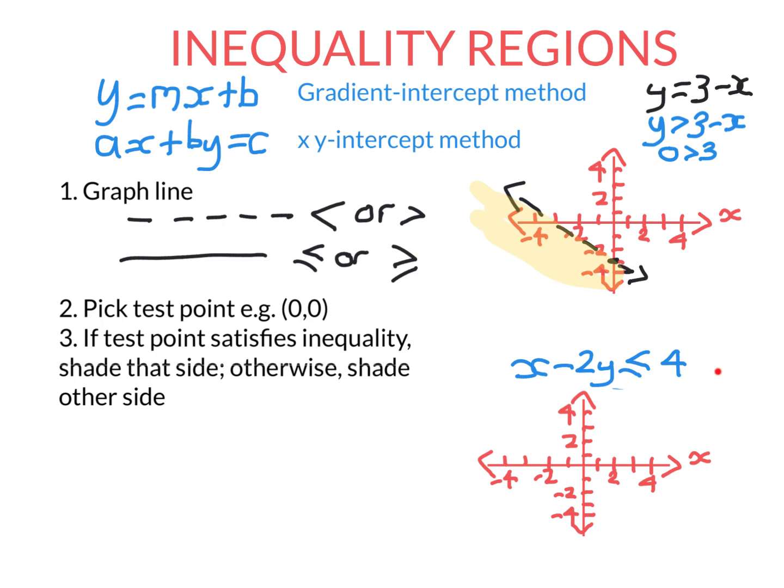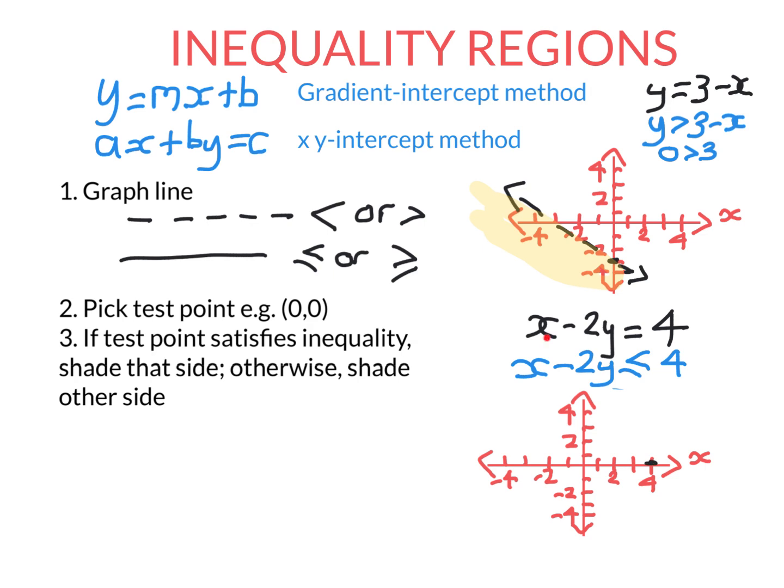All right, let's now try x minus 2y is less than or equal to 4. Our first step is to graph the equation x minus 2y equals 4. Because it's in this form, I use the xy-intercept method. I let y equal 0 to find the x-intercept. If y equals 0, I've just got x equals 4. The x-intercept of this line is 4.